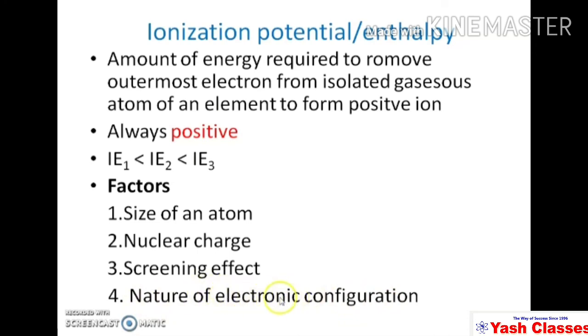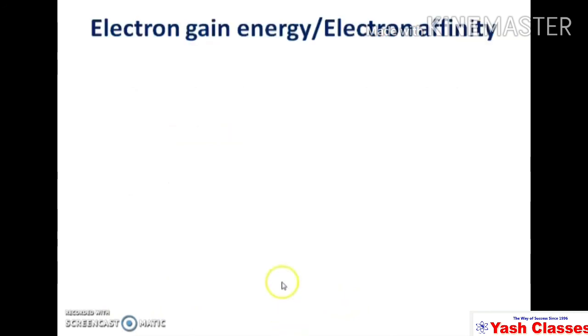And from a stable electronic configuration, if you try to remove an electron, then more energy will be needed to remove that particular electron, and therefore in that case ionization enthalpy will be high. So the nature of electronic configuration also plays an important role in the value of ionization potential, and when a stable electronic configuration is there, ionization potential or ionization enthalpy will be very high.